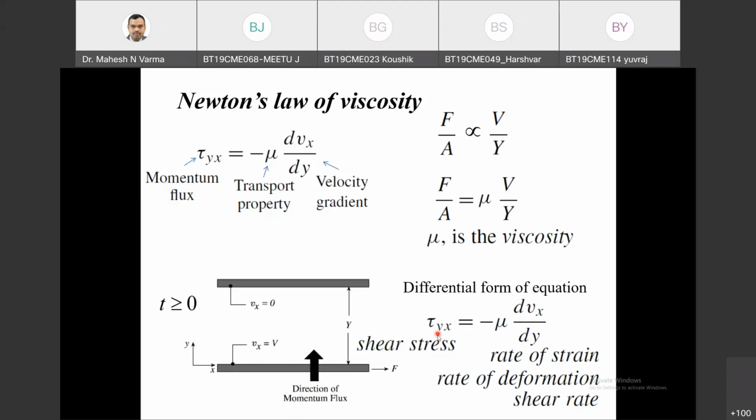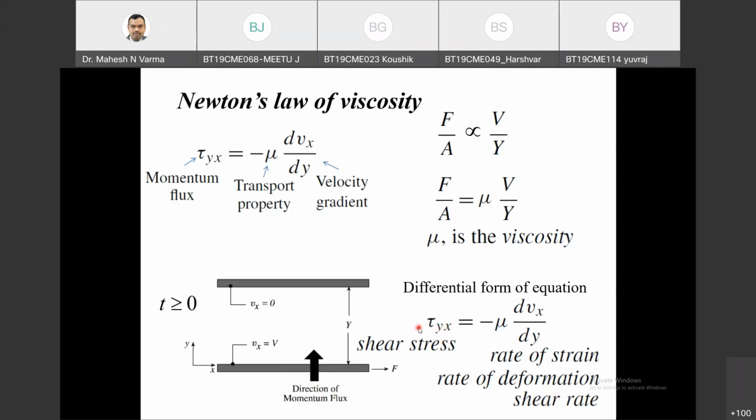So this suffix is very, very important. The first suffix indicates the direction of momentum flux, and the second suffix indicates the direction of momentum. You should always remember this.